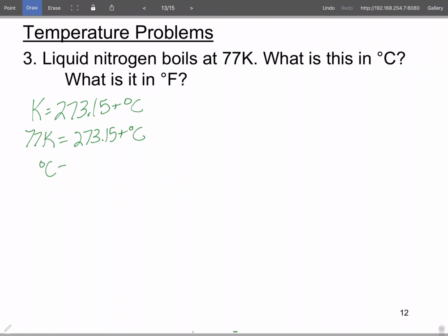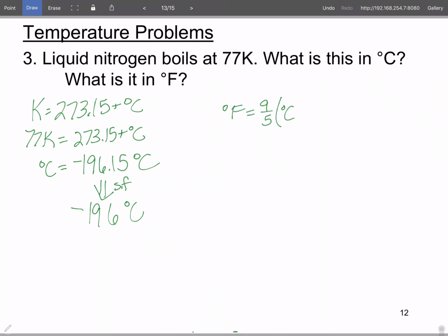So degrees C comes out to be negative 196.15 degrees C. If we're using significant figures, then we will report this as negative 196 degrees C. That means that for Fahrenheit, we're at 9/5 degrees C plus 32 is our equation.